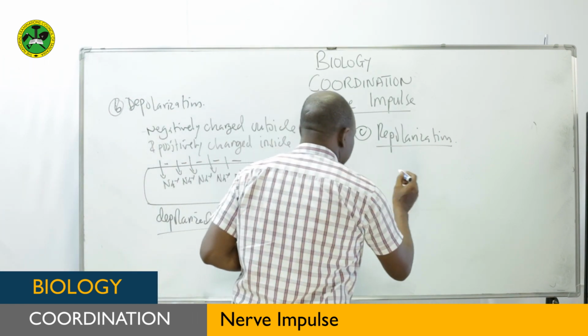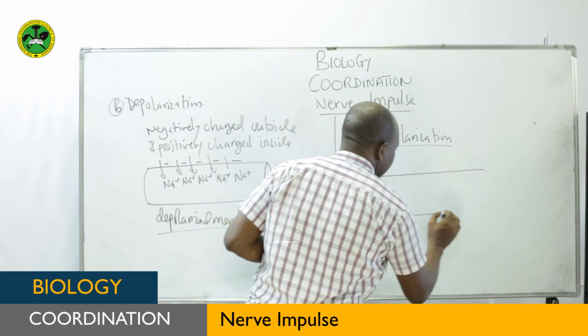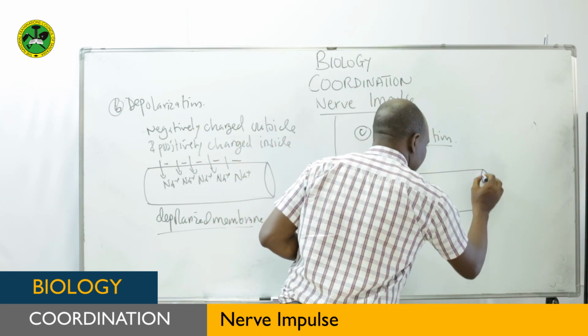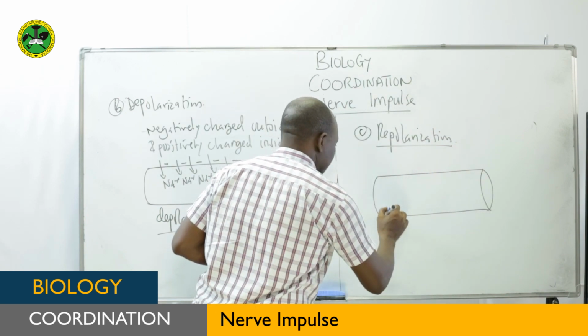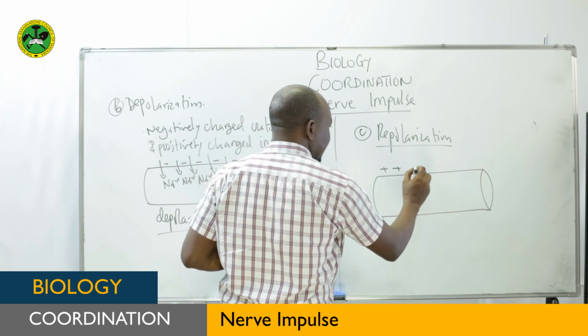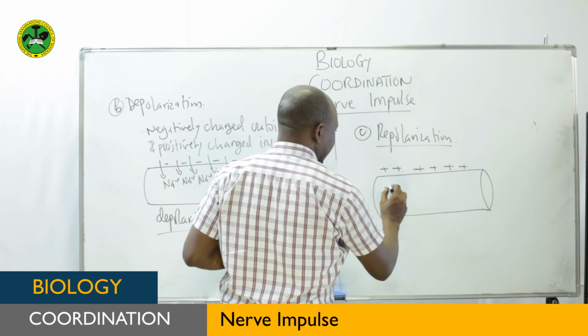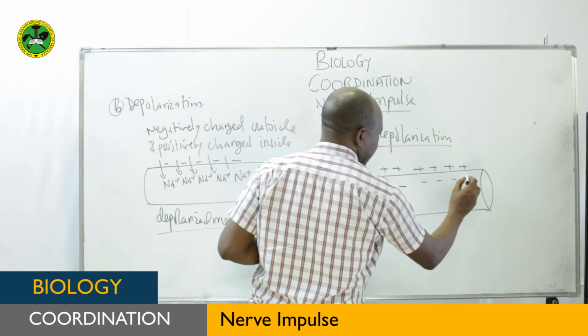During this situation, the axon membrane is described as positively charged outside and negatively charged inside.